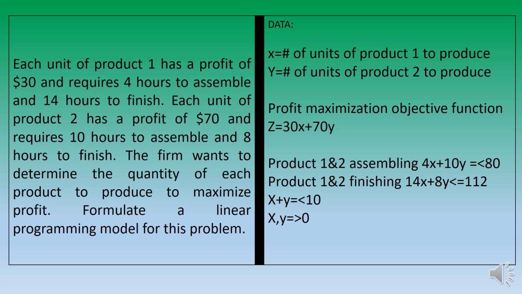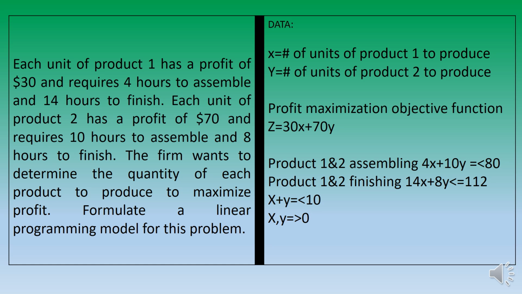The constraint is already given that the maximum total number of units in the warehouse is 10. What does that mean? It means the number of units of product 1 plus the number of units of product 2 must not be more than 10, because we do not have space for more than 10. It was already given, so we have to manage it.